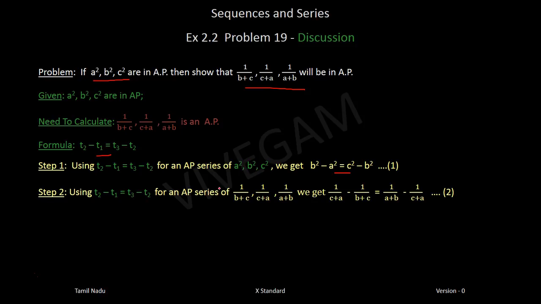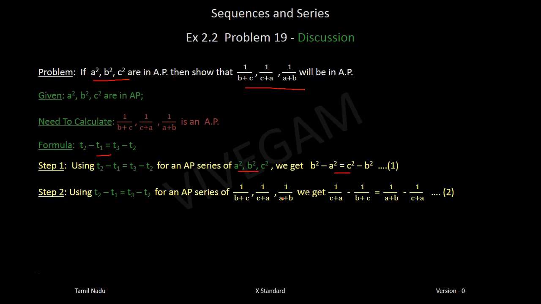Let me repeat. We know this is an AP. If this is an AP, we know we will get this condition using this method, that is t2 minus t1 equal to t3 minus t2. We will get this. Okay, now we are asked to prove that these three are in AP. Let's assume they are in AP. If they are AP, what will happen?